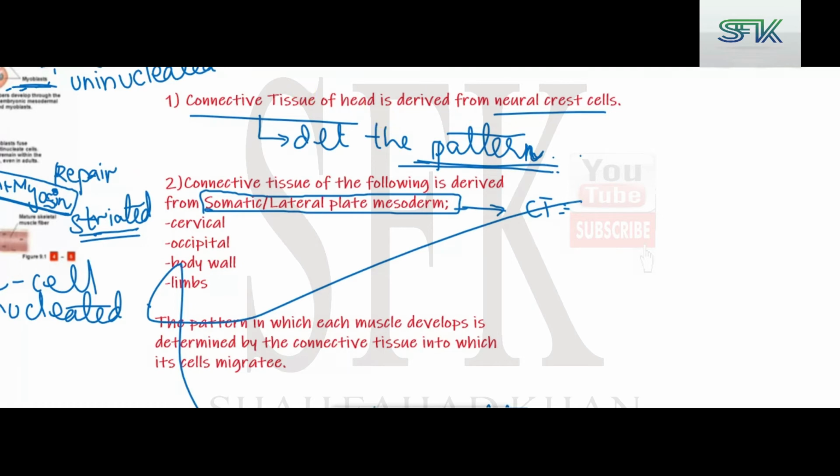The head region is derived from the neural crest cells, and actually it's not just the head, it's also the facial region, the face muscles. The connective tissue of the face is also derived from the neural crest cells.